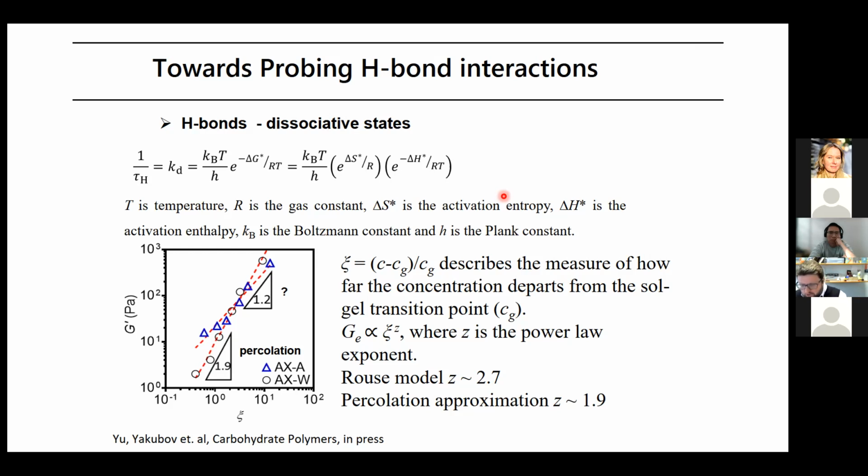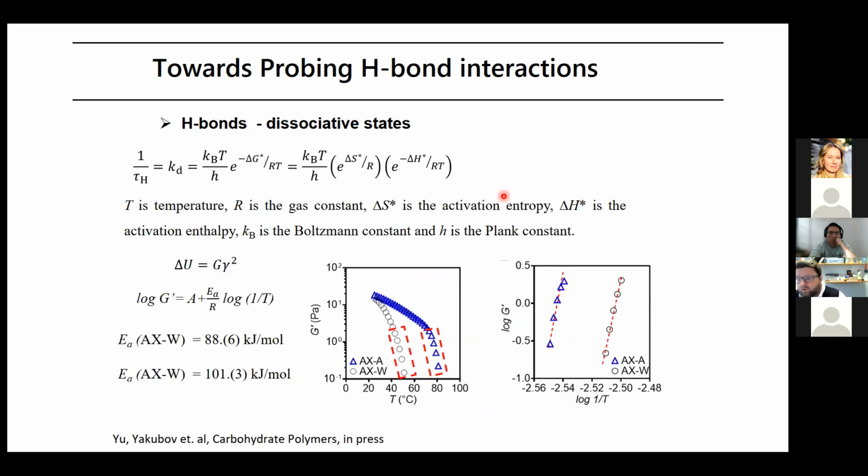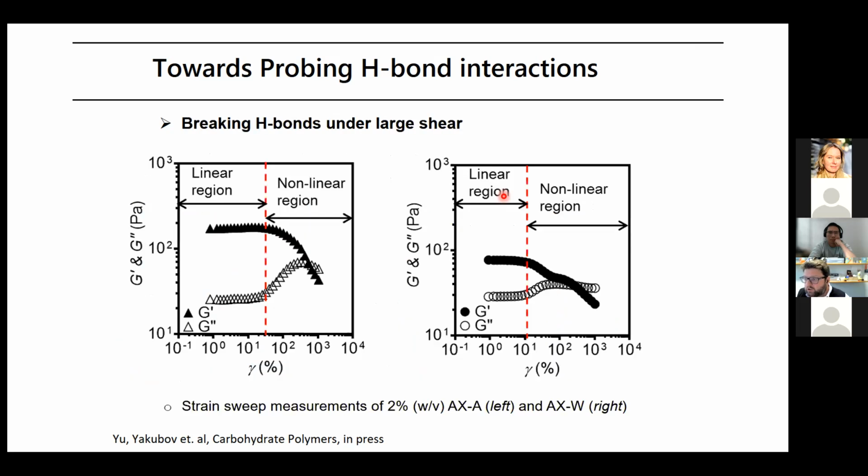So time temperature superposition gives you a very nice confirmation of this result, but it doesn't give you the full answer. So we came up with a way to utilize this rheological approach as a function of temperature and use the Arrhenius plot and the Arrhenius model to calculate the thermodynamic parameters of these junction zones.